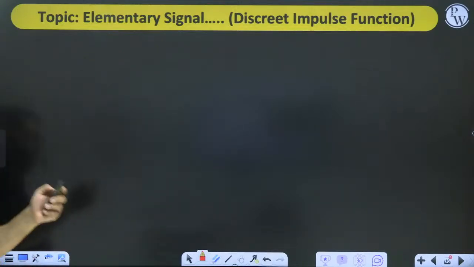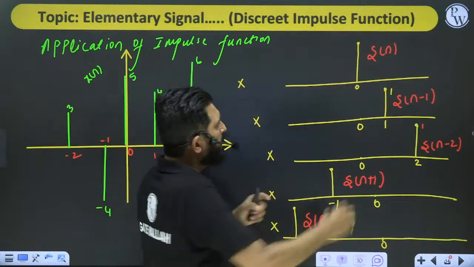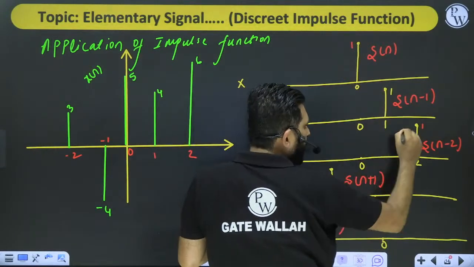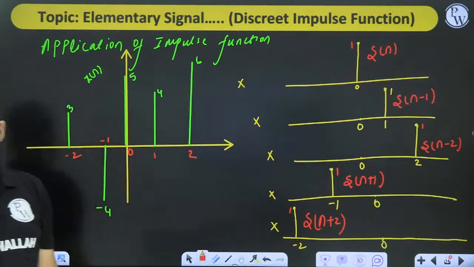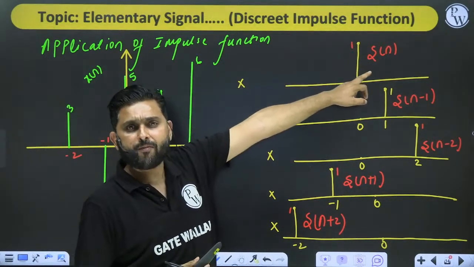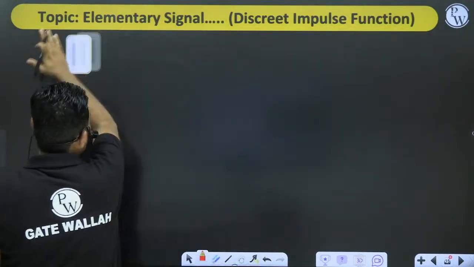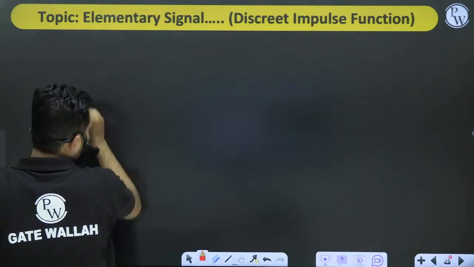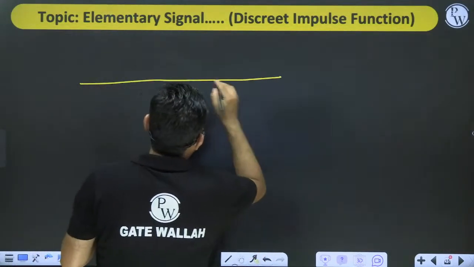The first result that I will get is 5 times delta n, because this is a number having 1. Everything is 1 here. This 5 multiplied by 1, you will get a 5. First result is this one having a 5.